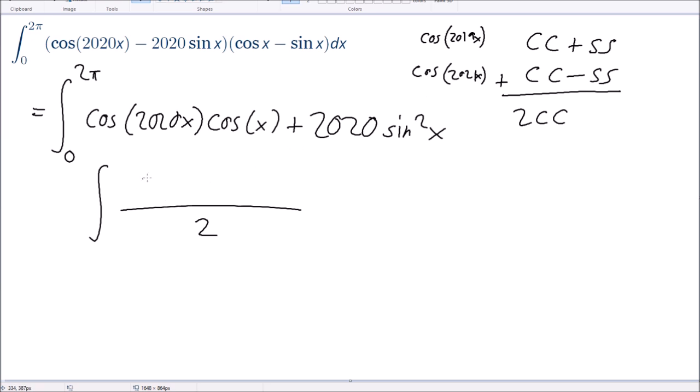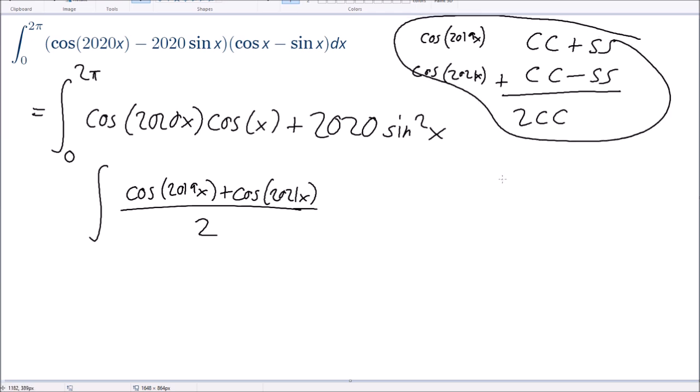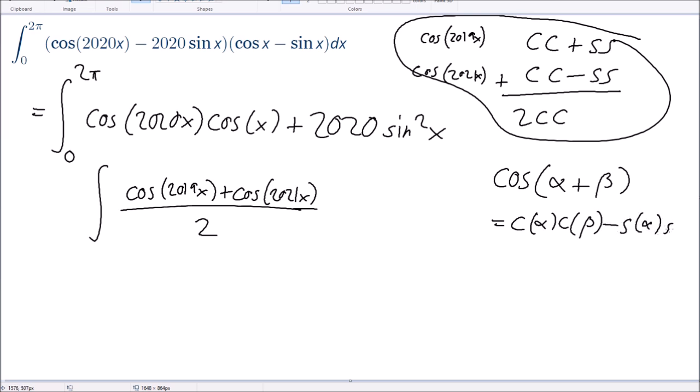Because we're adding, this would be cosine of 2019x plus cosine of 2021x. If you don't know where this comes from, it comes from the trig identity here, which is equal to cosine of a cosine of b minus sine of a sine of b. That's what these represent.